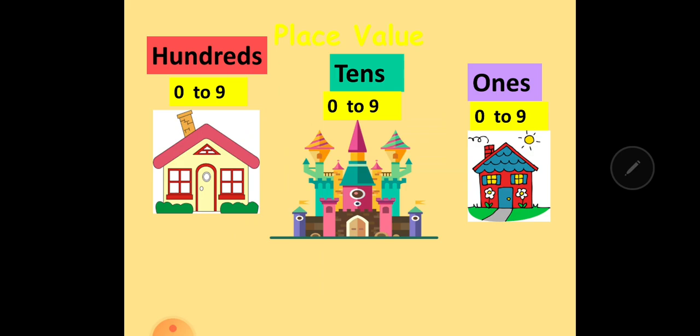Let's see now the place value. It tells you where the number can stay or stand. I have 3 rooms in my land. This is the land of the ones. I have 3 houses, 3 rooms if you like.